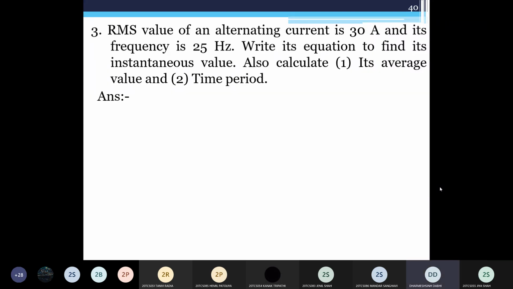Roll number 30, Vedant. First give the answer of instantaneous value. How to write this equation? Vedant Bhatt, give me the answer. Yes, sir. I cannot hear your voice.